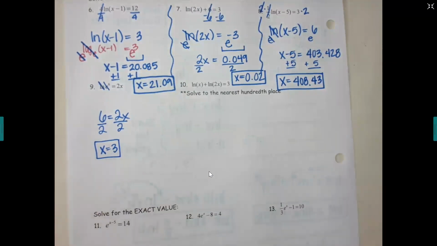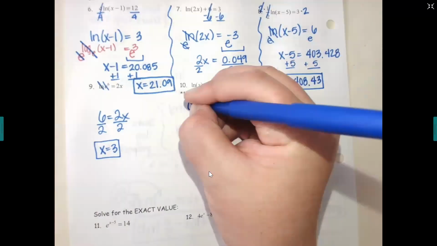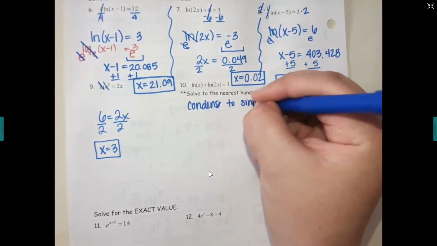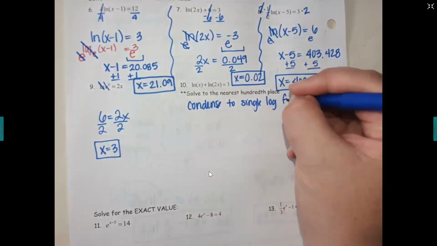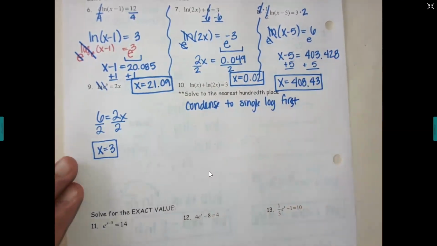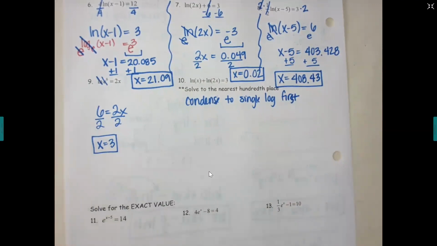Okay, take a look at number 10. I think we did some of these last time. If you have 2 logs and they're added, you can't get rid of them when there's multiple logs. That means that you're going to need to condense to a single log first. So if those ln's or logs are added, how can I condense them into a single log so that I can cancel it out?